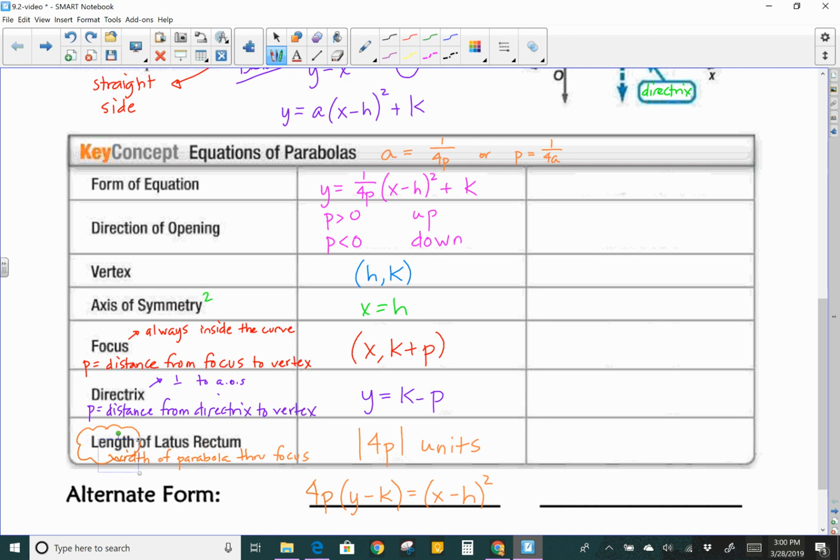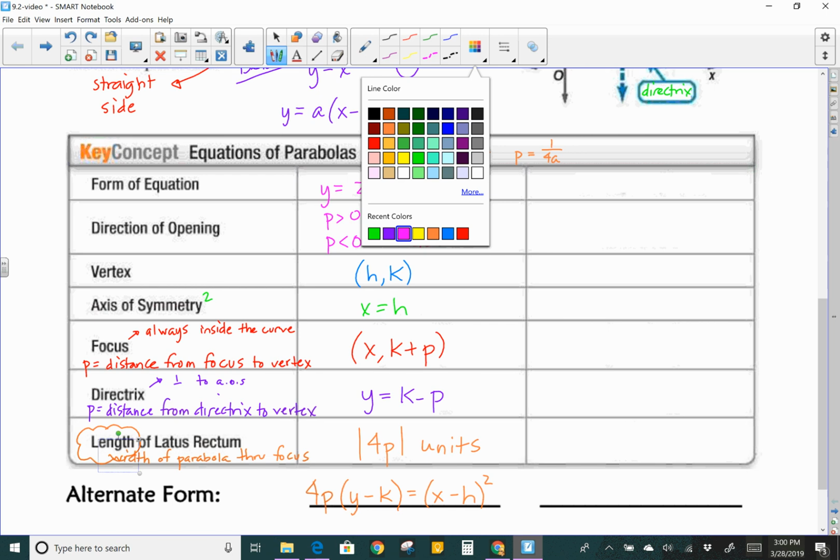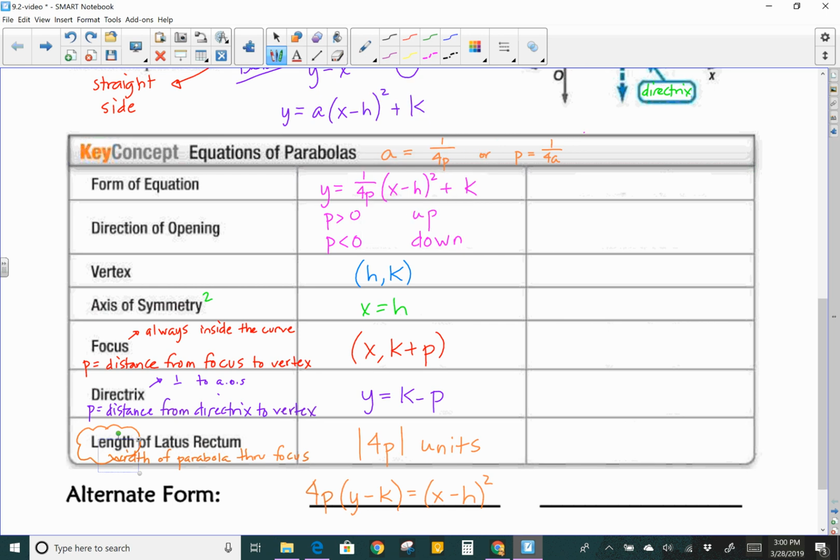Okay, now let's go talk about this other one. Or why was there another column? That's the big deal. Well, the deal is that it could change. My x and y could change, and it would be x equals 1 over 4p times y minus k quantity squared plus h.